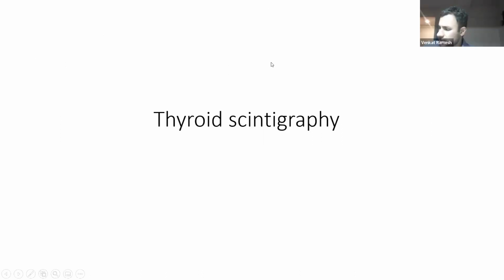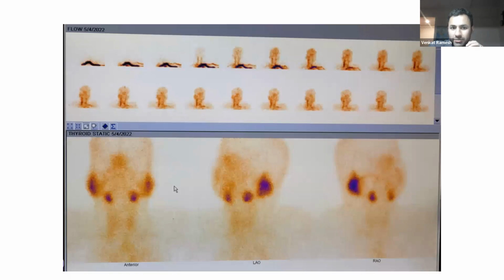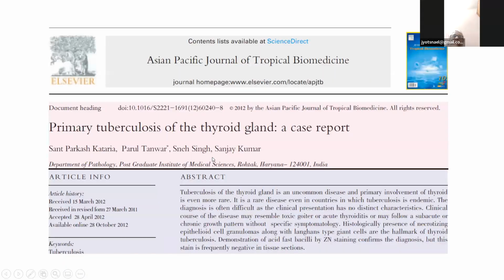The last is thyroid scintigraphy, and of course, we're not directly involved with thyroid scintigraphy, but one thing that we have been consulted on, because we're the capital of tuberculosis, is tuberculosis of the thyroid gland. These are patients who've been referred who had a thyroid biopsy and have been found to have granulomatous thyroiditis.